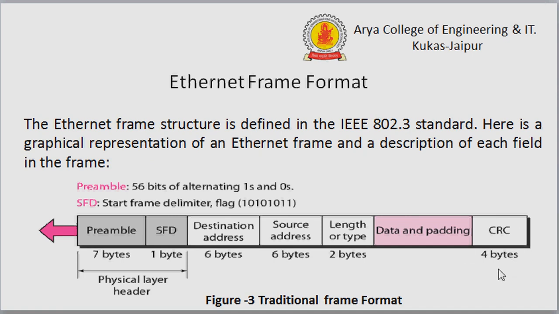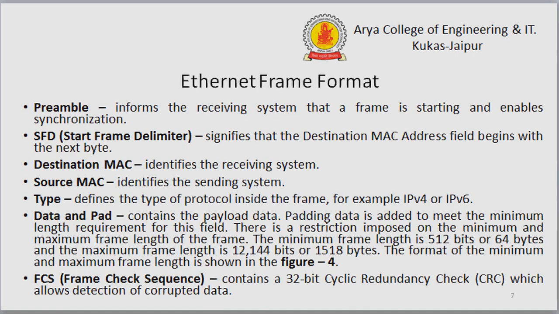The last field is CRC, which has 4 bytes. It is also known as FCS, frame check sequence. It contains a 32-bit cyclic redundancy check which allows detection of corrupted data.